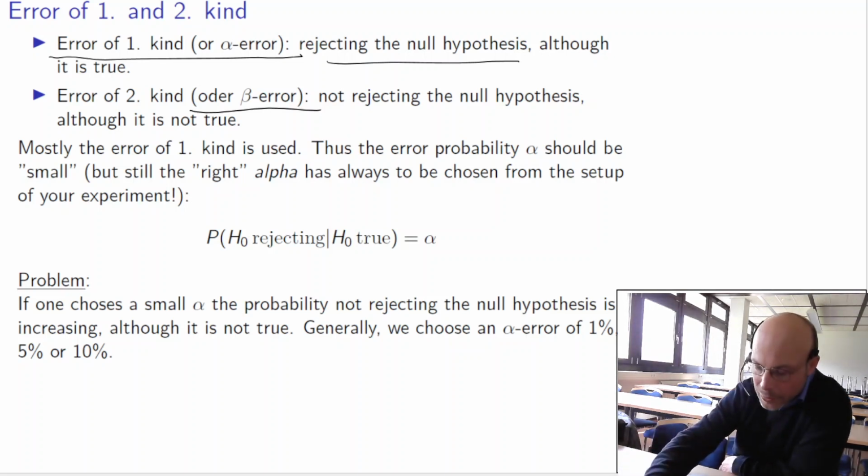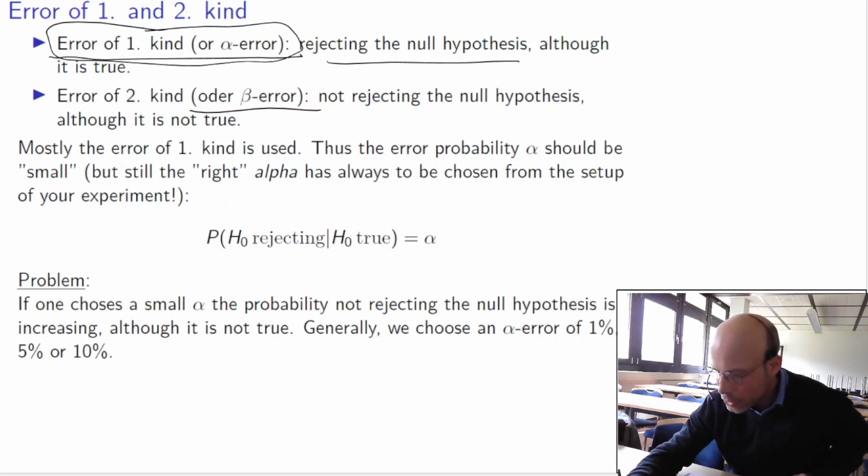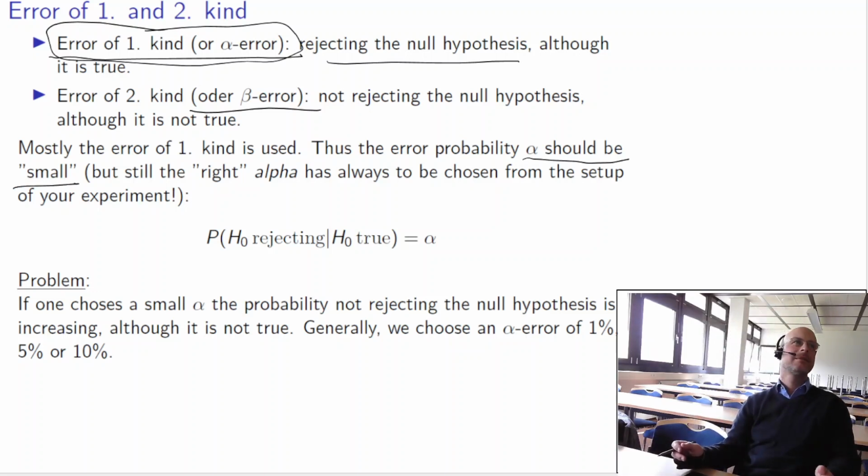But in general, we will also use in this statistics course the error of the first kind, the alpha error, and this would mean we want to be quite sure that we are right, and therefore, of course, in general, we would choose this alpha error, in quotation marks, to be quite small.